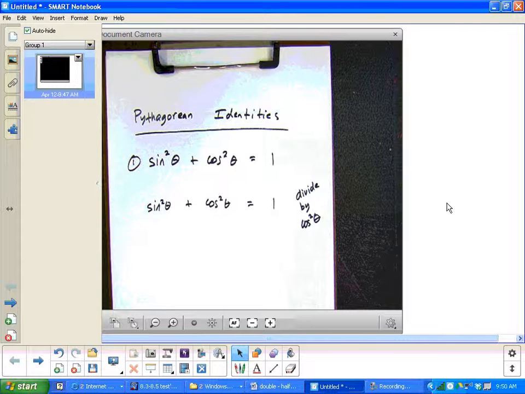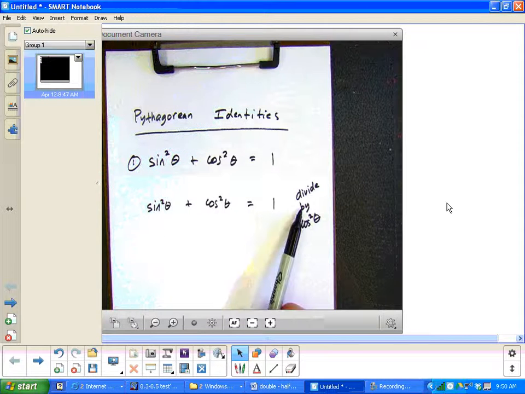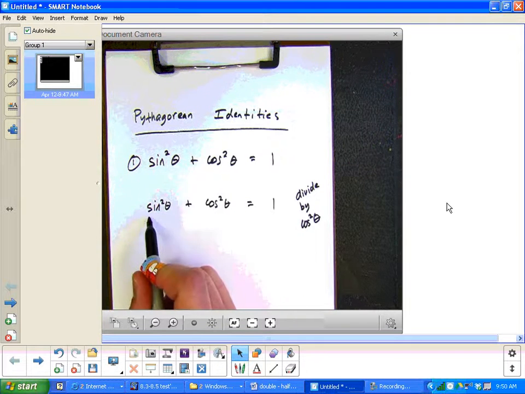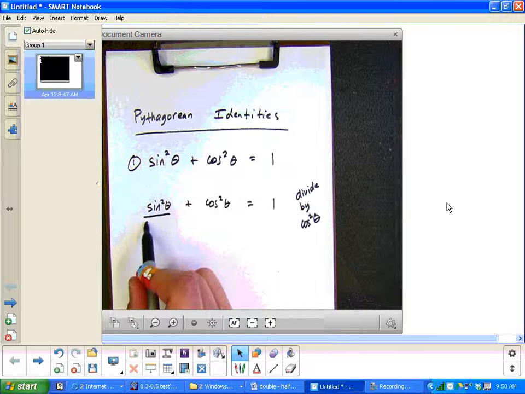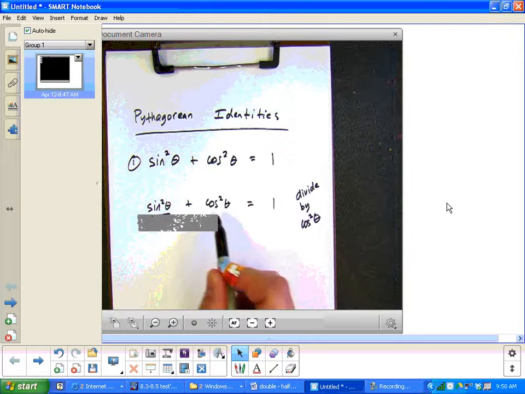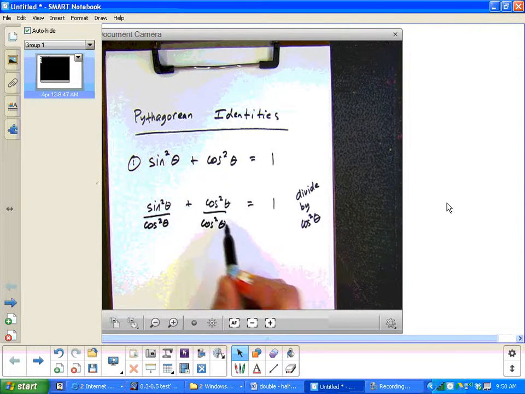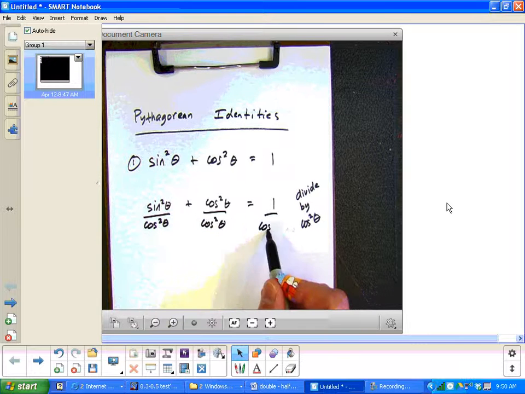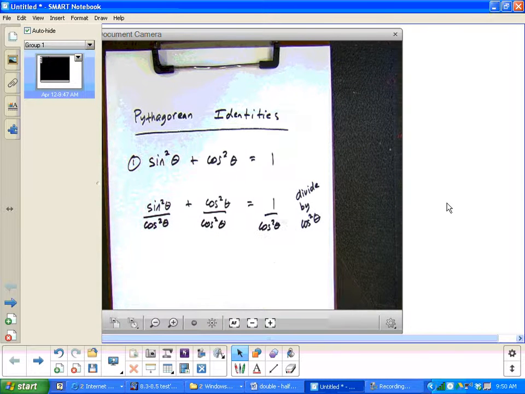So let's do that. I'm going to divide by cosine squared. You should be able to tell me what this is going to give me. What's that first thing going to give me? Tangent. It's not just tangent theta, it's tangent squared.